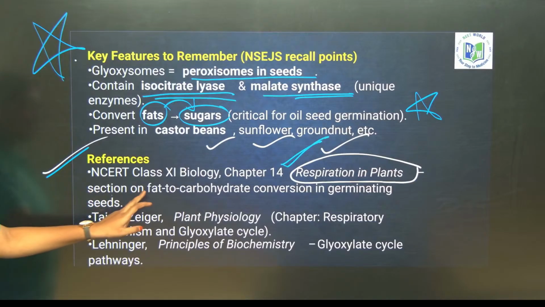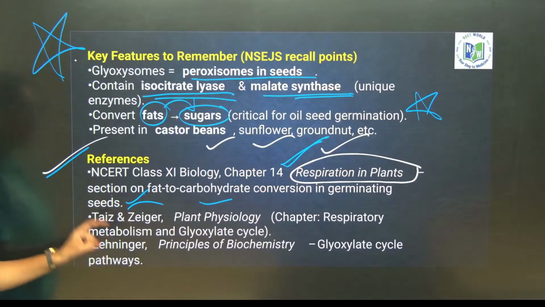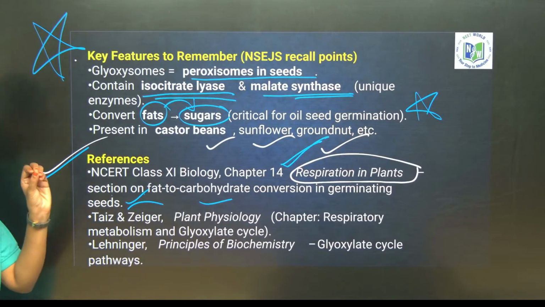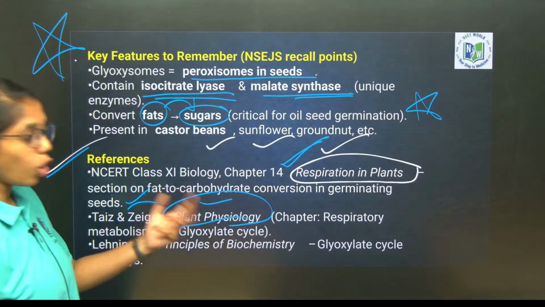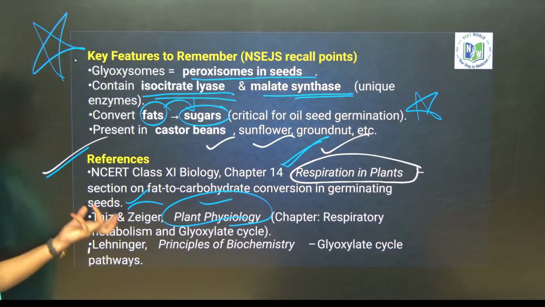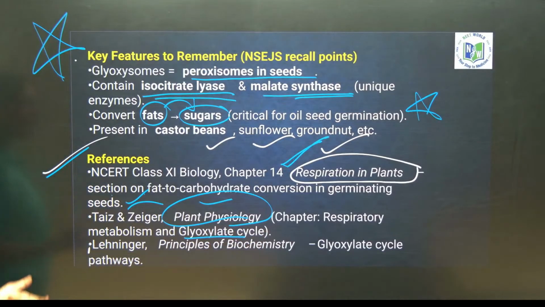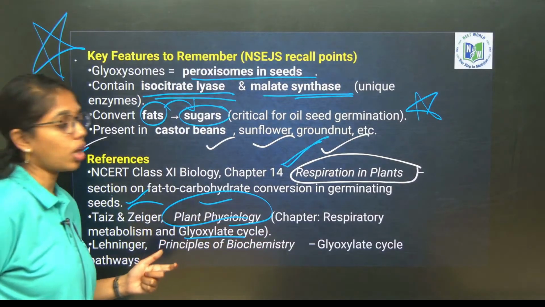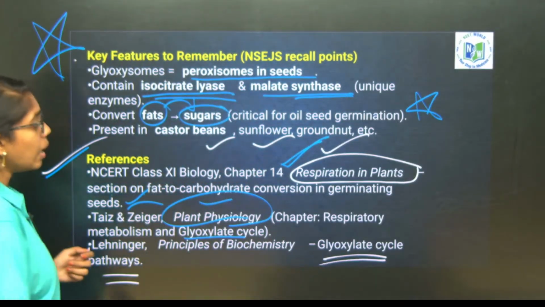This section on fats to carbohydrate conversion in germinating seeds you will get here. And Taiz and Zeiger, which is the standard reference book for plant physiology. There you can go through the respiration chapter, respiration metabolism and the glyoxylate cycle. It will be clear to you. And from Lehninger Principles of Biochemistry also you can get the glyoxylate cycle pathways.